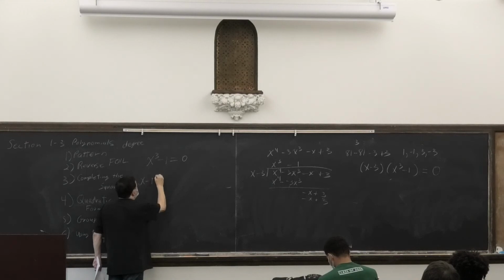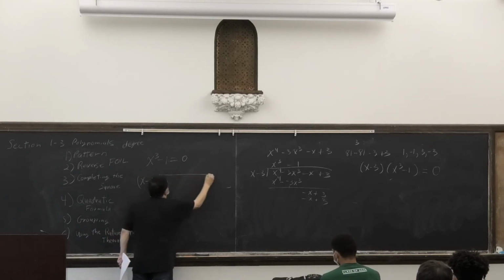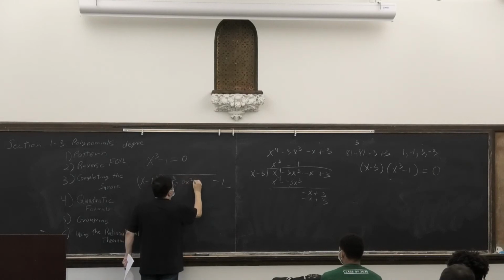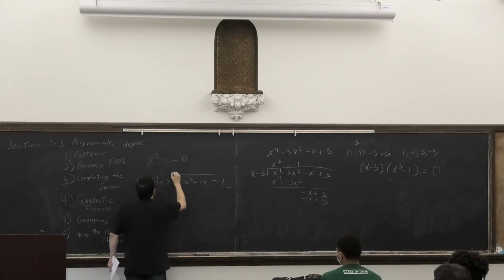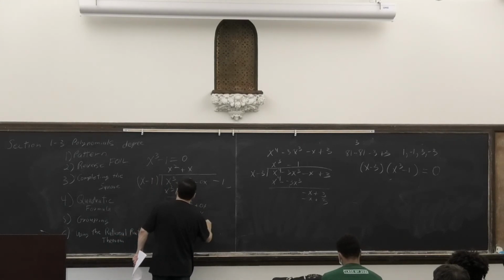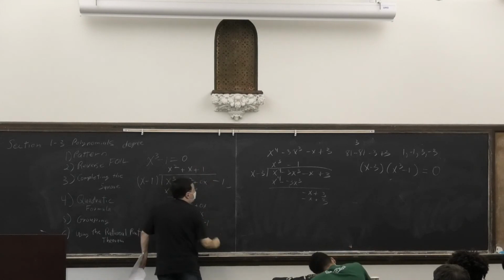So I divide this by x minus 1, what do I get? x cubed divided by x is x squared, plus x squared minus x plus 1.